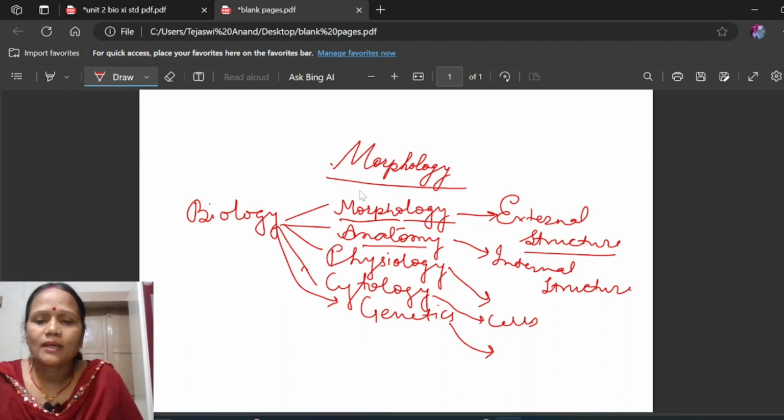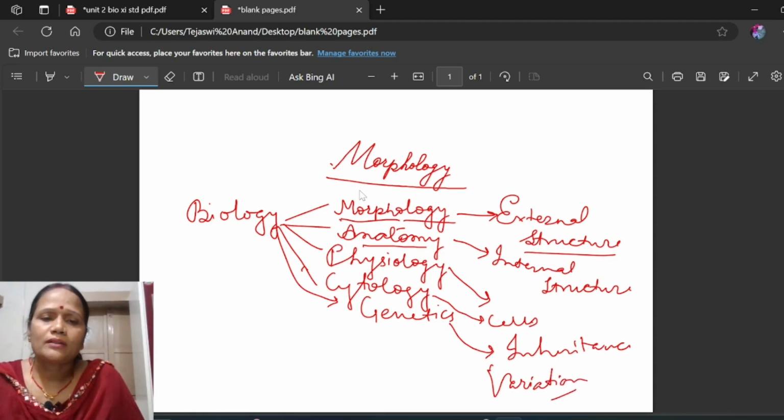And when we study inheritance and variation, it is called genetics. So these are the different branches that at the level of standard 11, you must know.